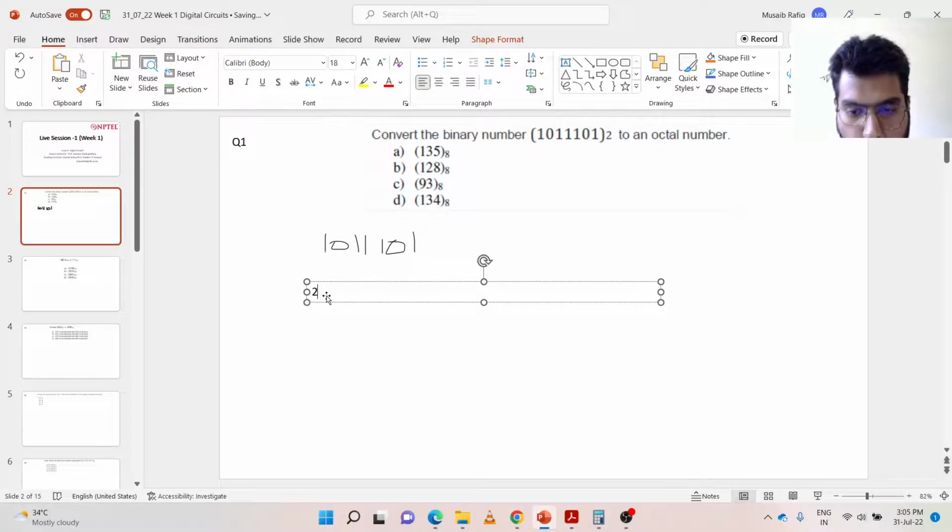This is 2 to the power 0 multiplied by 1, where 1 is the value and 0 is the position, the 0th bit.